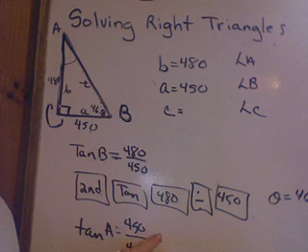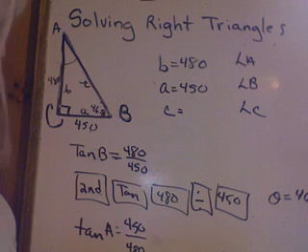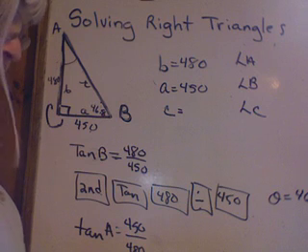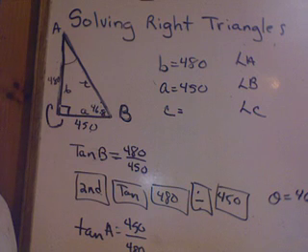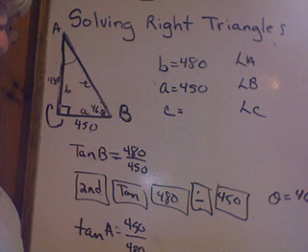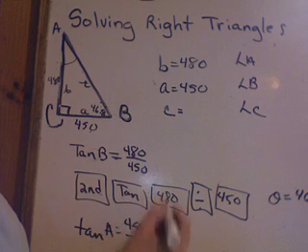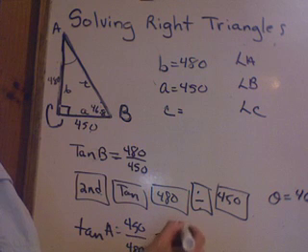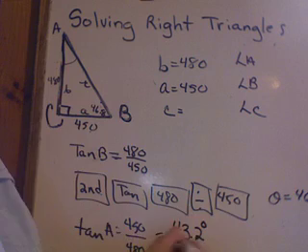So how do I figure it out? Same thing I did before. I'm going to do second tangent for 450 divided by 480, hit enter, and I get 43.15, round it to one decimal place, 43.2 degrees.